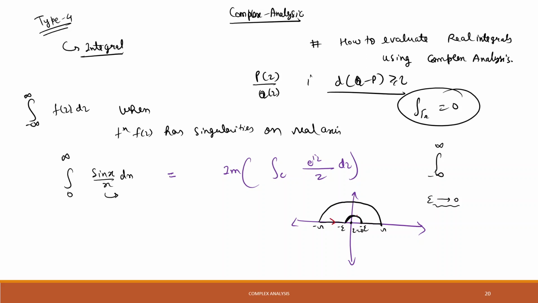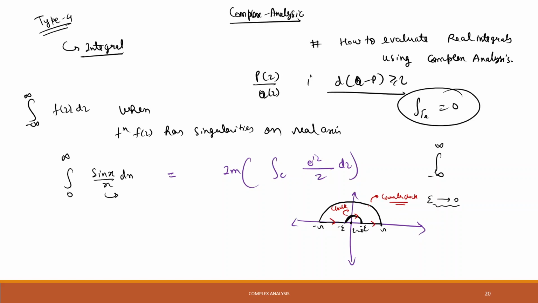Now the orientation everywhere is counterclockwise. Here it is clockwise, so the value of the integral will be negative here, and here it is counterclockwise. We will see how we evaluate the integral over here and here.